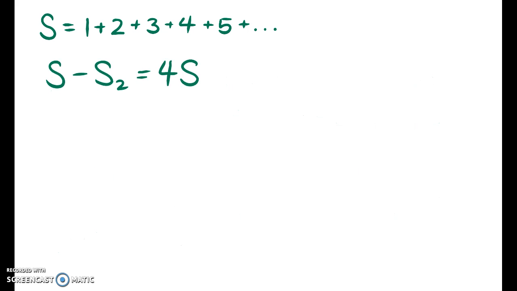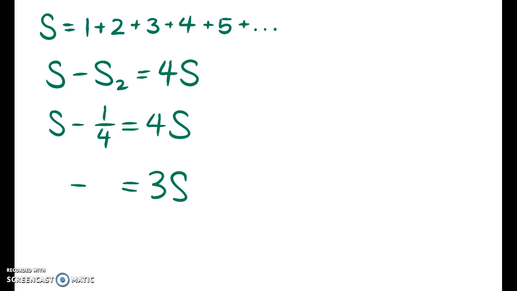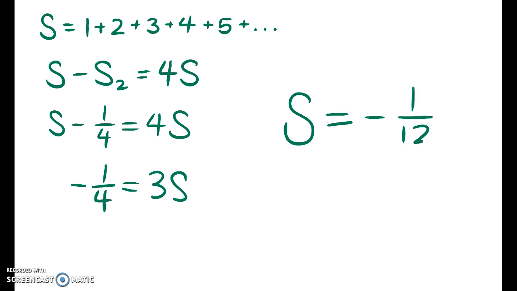Now solving for S and plugging in S2, we find that S minus S2, which is 1 over 4, is equal to 4S, so 3S is equal to negative 1 over 4. Therefore, we conclude that S, dividing by 3 on both sides, is negative 1 over 12.